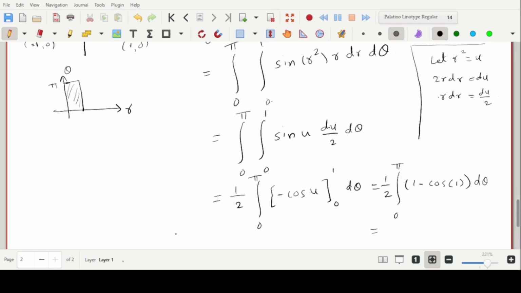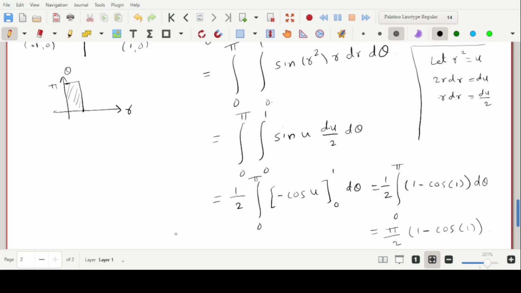But this can be treated as a constant, 1 minus cos of 1, and therefore it can be taken outside, and then we integrate d theta from 0 to pi, so the integral becomes theta, and the limits of integration are 0 to pi, so it will be pi minus 0, so it is pi. So pi over 2 times 1 minus cos of 1. That seems to be the final answer.